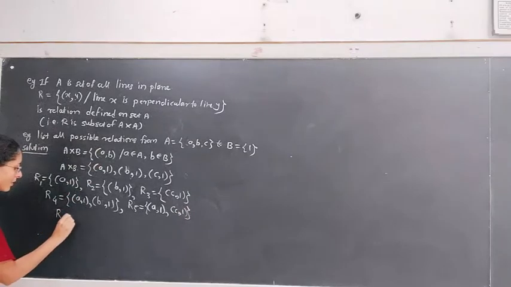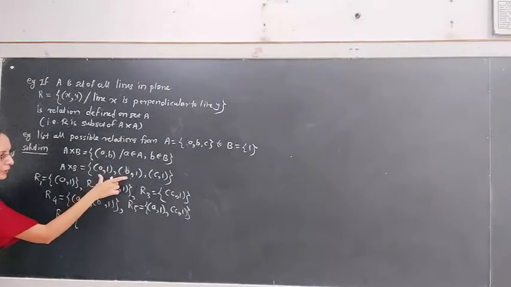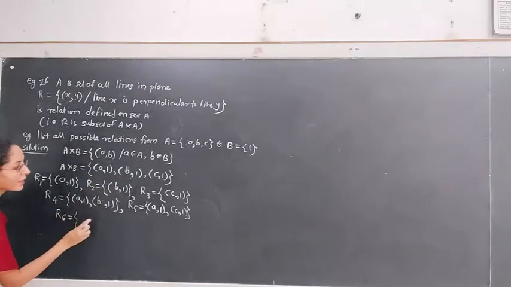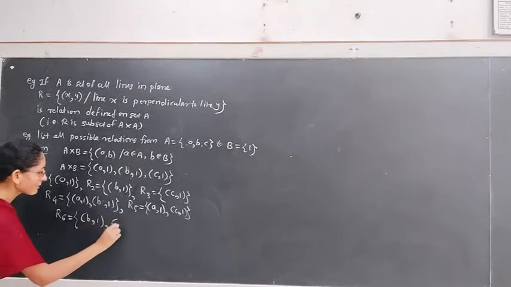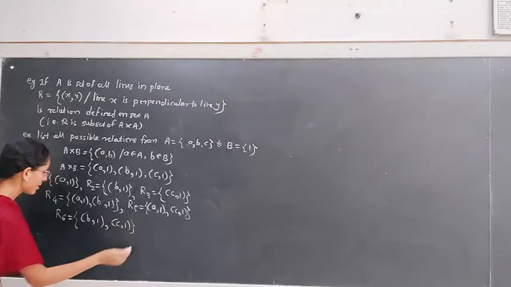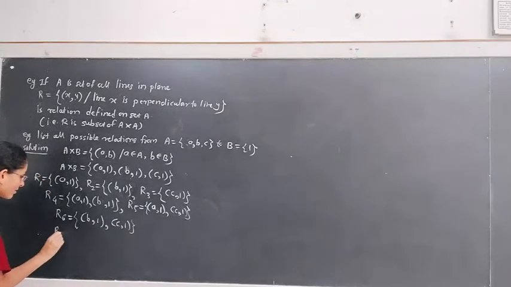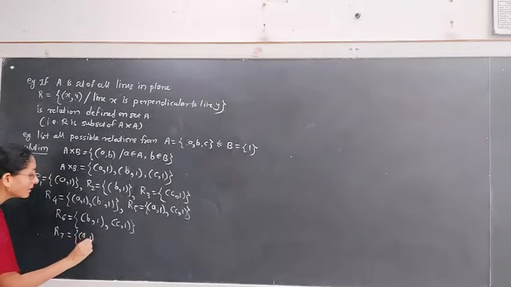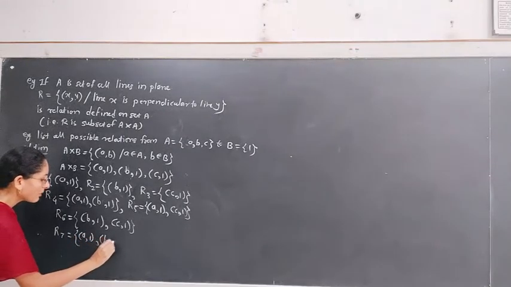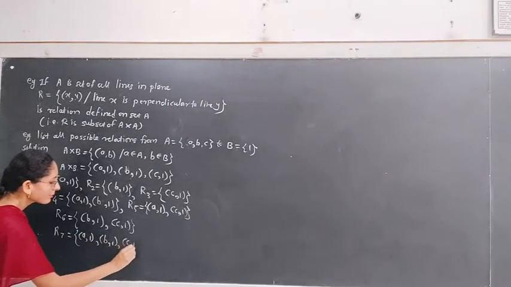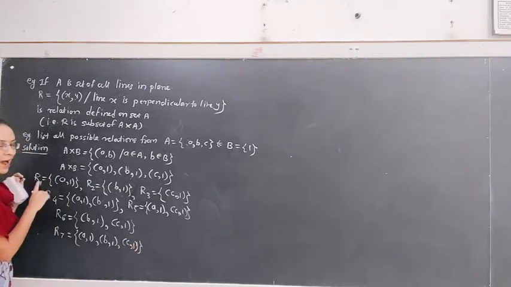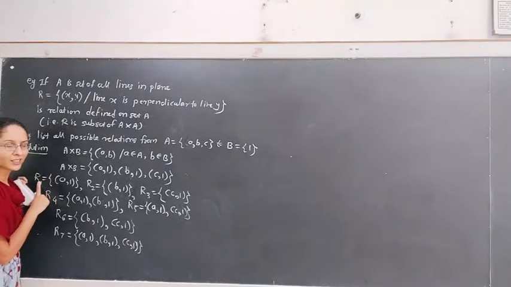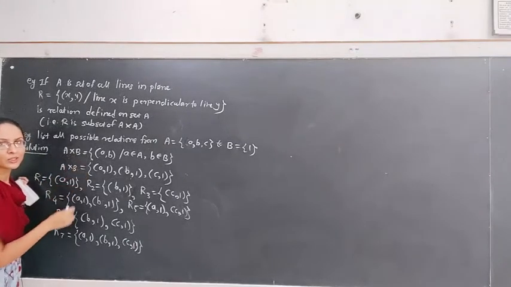R6 is equal to the subset of A cross B, {(b,1), (c,1)}. And R7 is the same set A cross B, {(a,1), (b,1), (c,1)}.